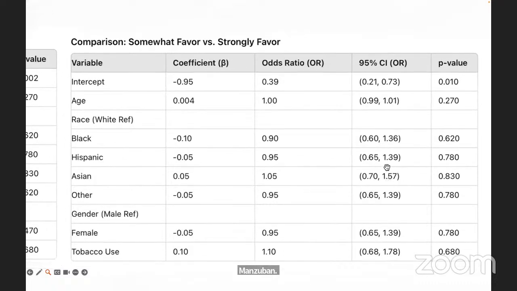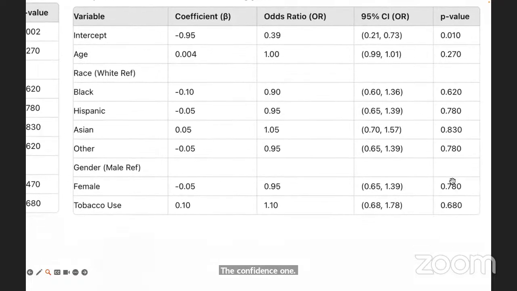And it's not statistically significant because the confidence interval contains 1, and the p-value is greater than 0.05. Awesome.